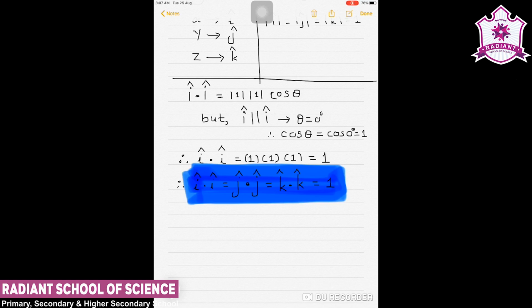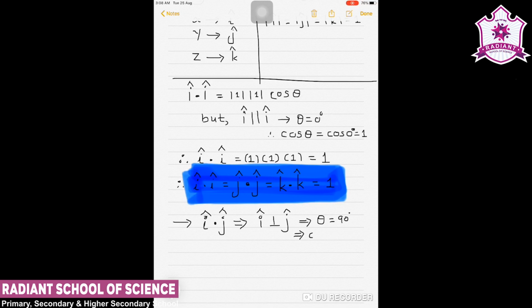In the same manner, if we take i dot j, then what will happen? Then again here we can say that vector i is perpendicular to vector j, and j is perpendicular to vector k as well. So theta will be 90 degree.